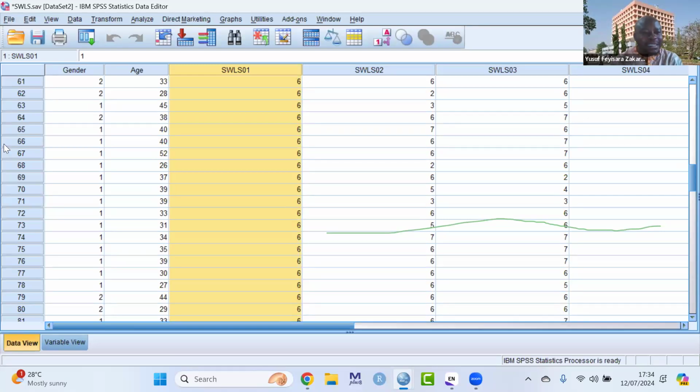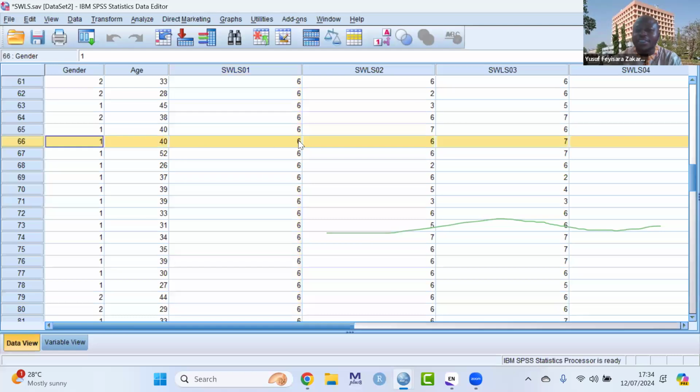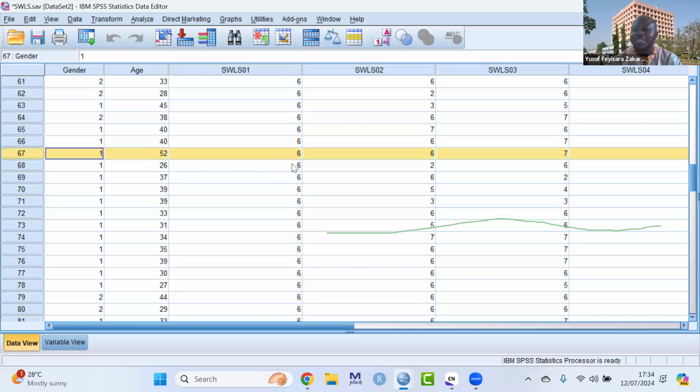Our 66th case, look at it here, is 6. Our 67th case, look at it here, is also 6. So the median will be 6 plus 6 divided by 2. And that will give us what? Tell me. 6 plus 6 divided by 2 is 6.